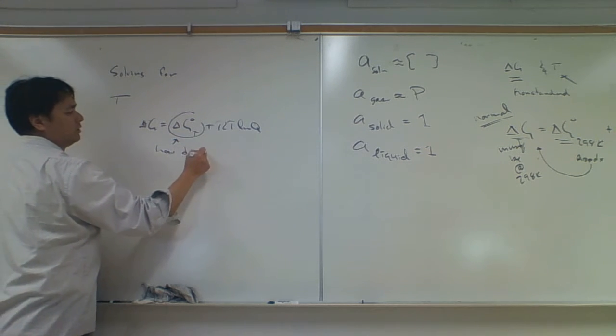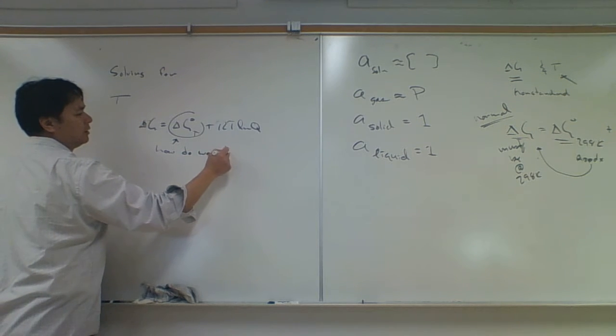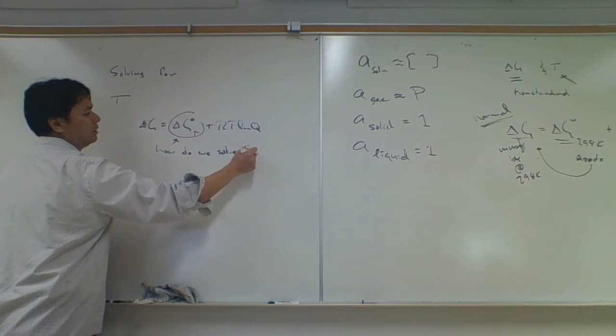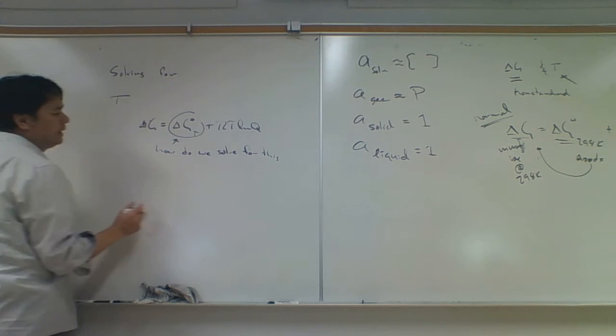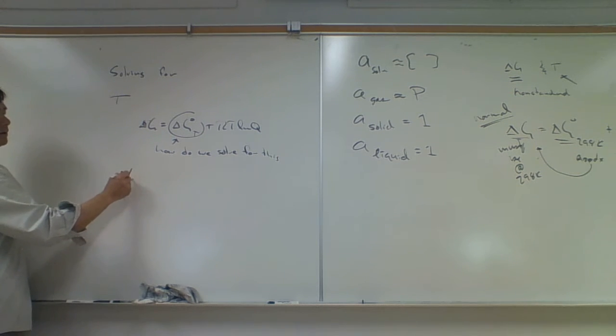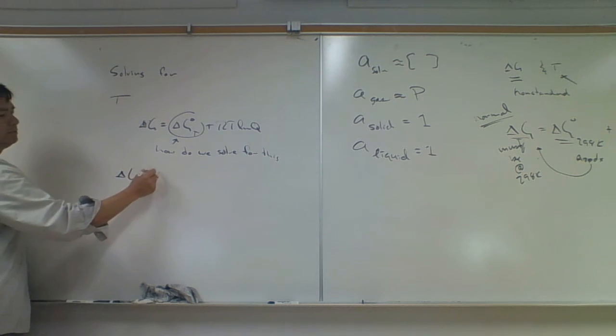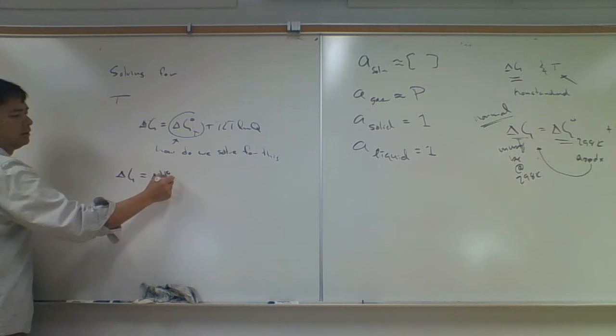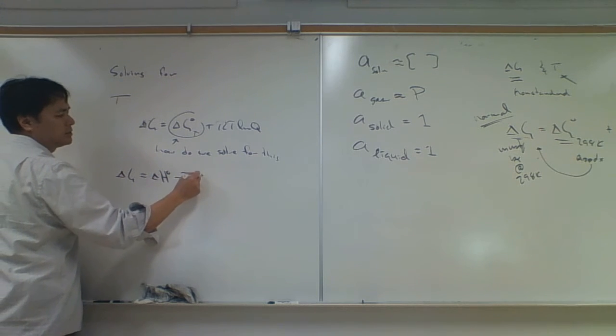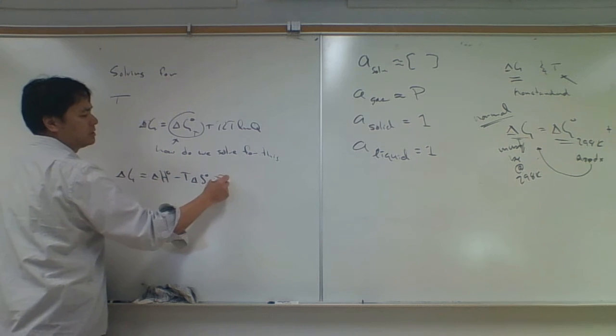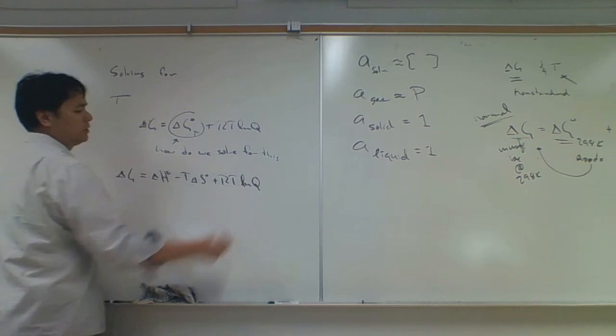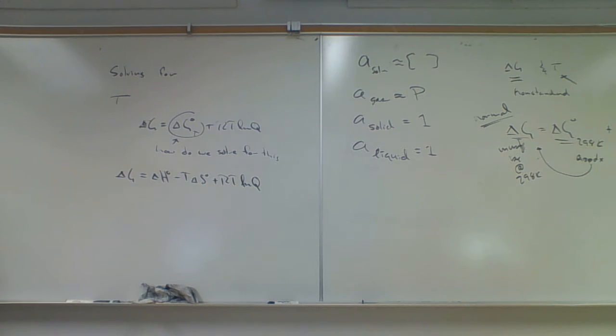Delta H naught minus T delta S naught. Yeah. So we'd probably go like this. Delta G is equal to delta H naught minus T delta S naught plus RT ln of Q. We might do something like that.